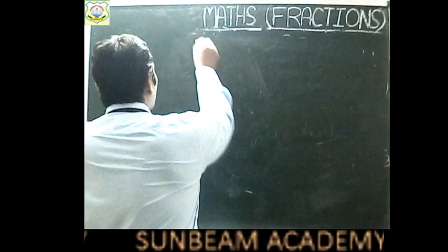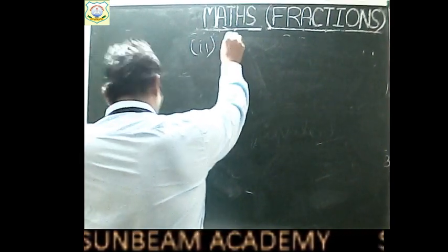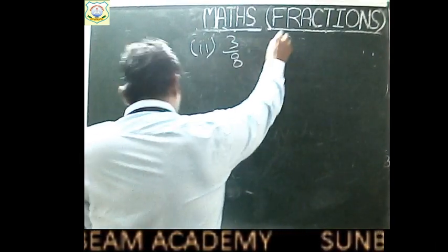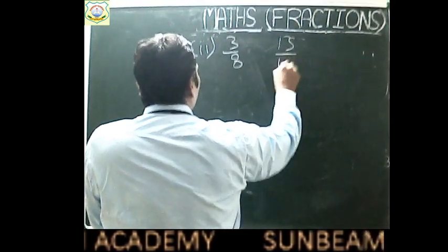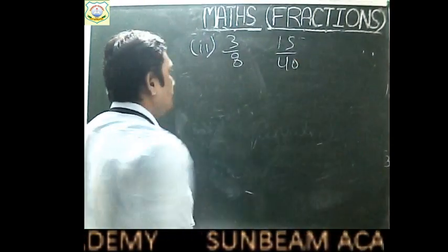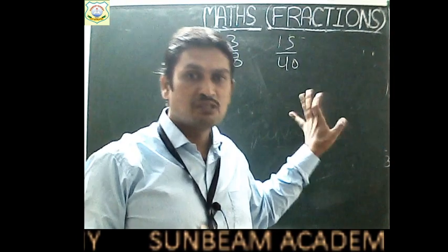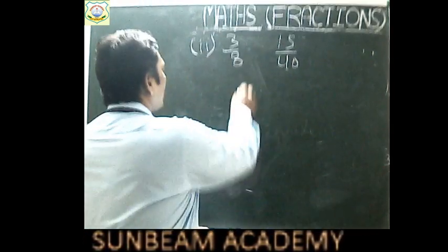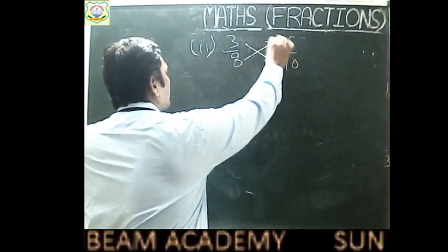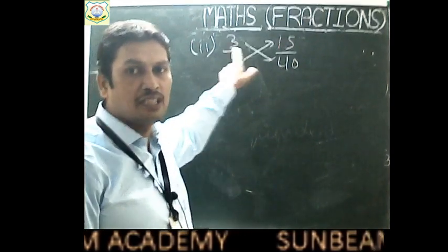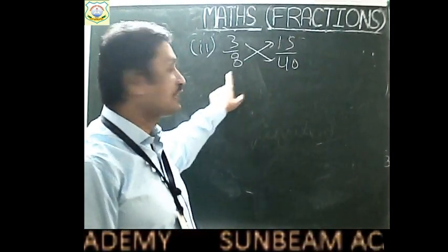Suppose in the second part there are the numbers 3 by 8 and 15 by 40. Check whether these fractions are equivalent or not. How children? Make cross multiplication. Okay, 3 with 40 and 8 with 15.